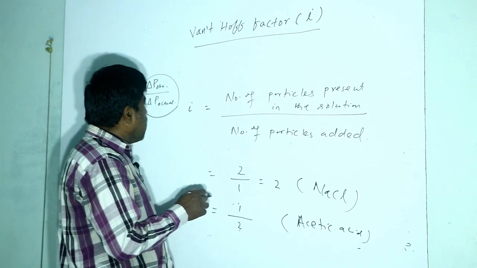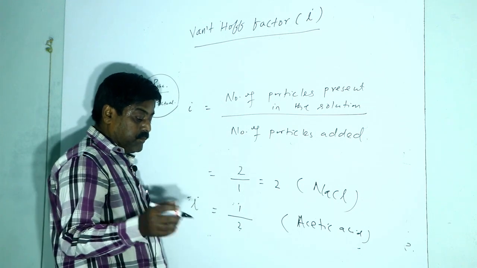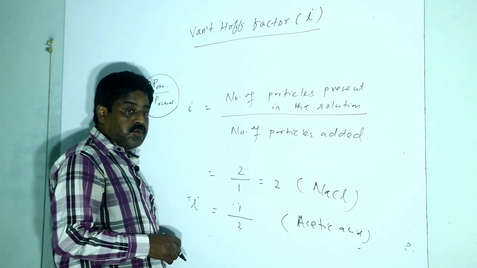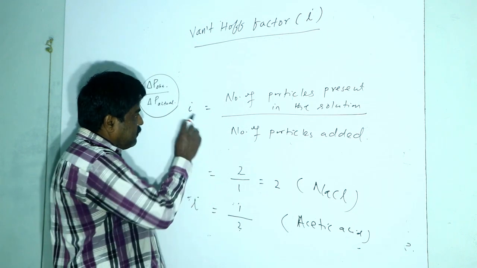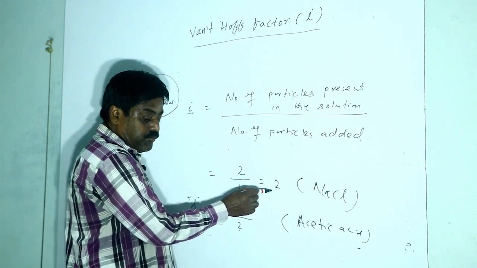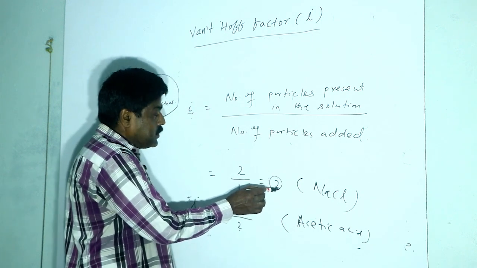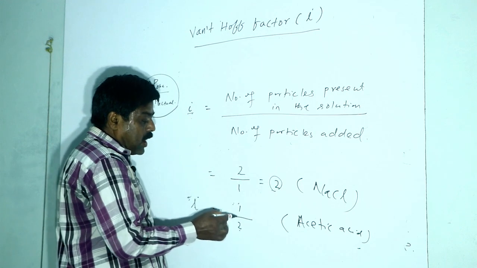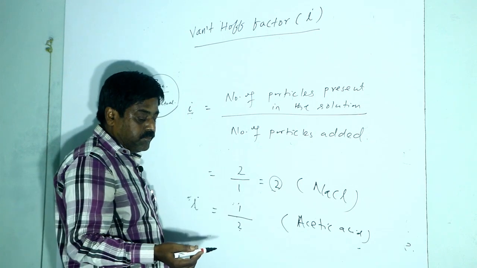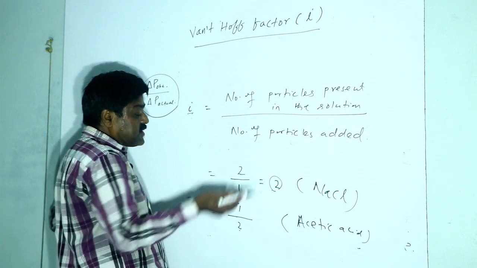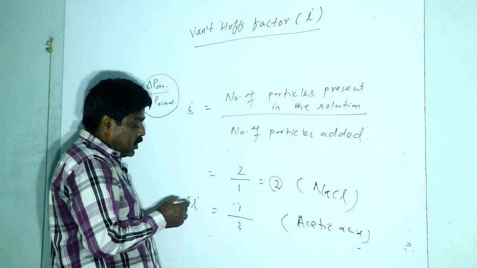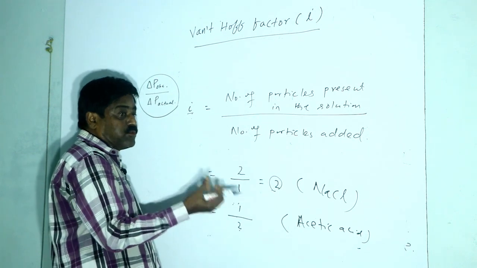So the calculated molecular mass is the reverse: if i is equal to 2, then the colligative property will be double, and if i is equal to half, the colligative property will be half. So the molecular mass for this case will be double because the molecules get associated.